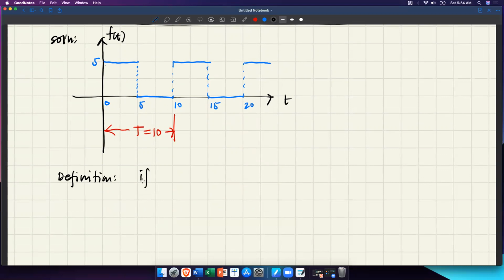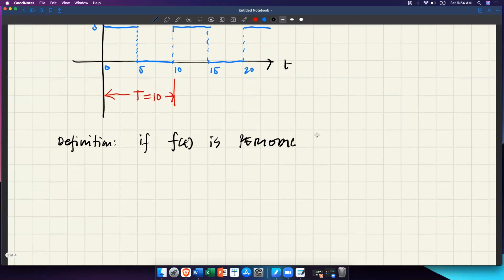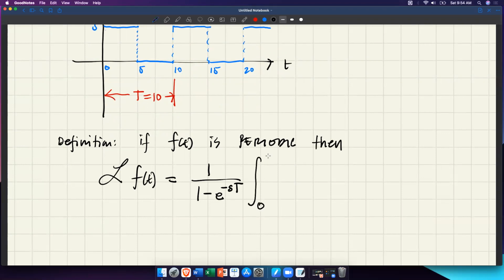If f of t is periodic, then the Laplace transform of the function of t is equal to 1 all over 1 minus e raised to minus s T, where T is your period, multiplied by the integral from 0 to T of your function of t times e raised to minus st dt.